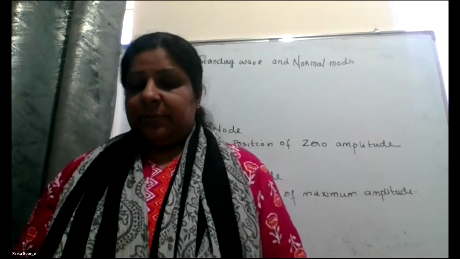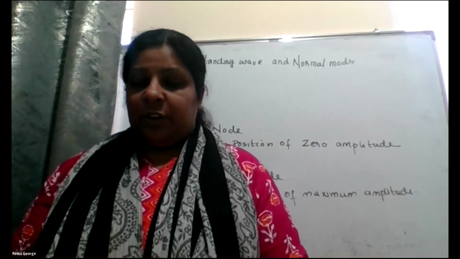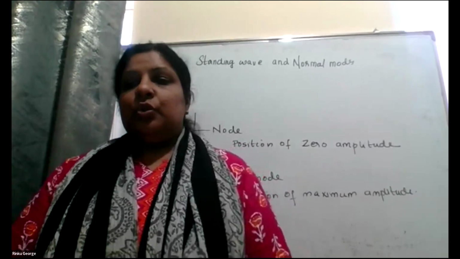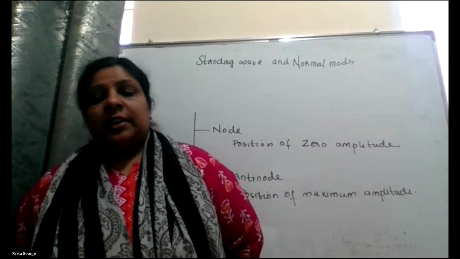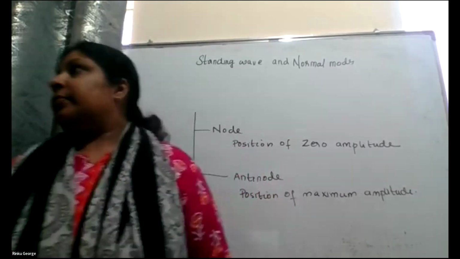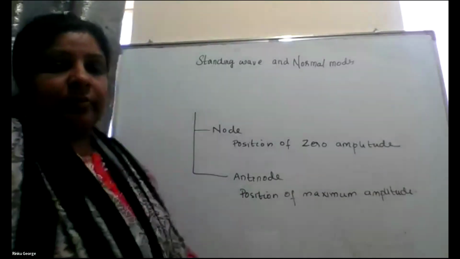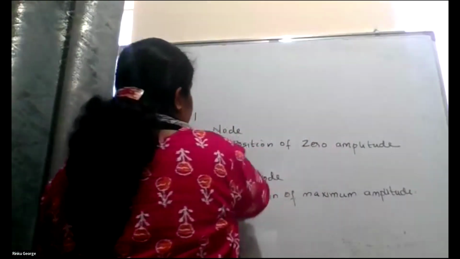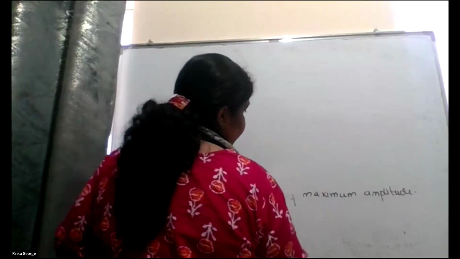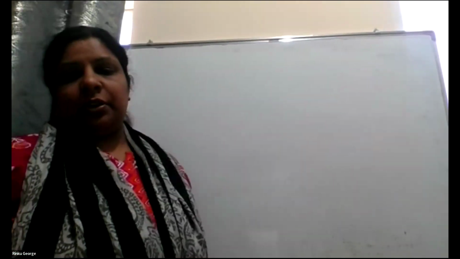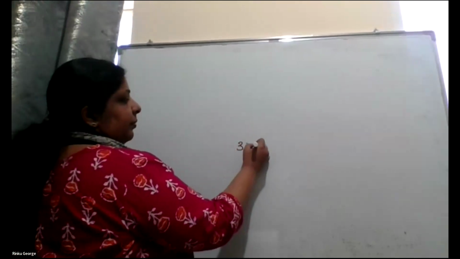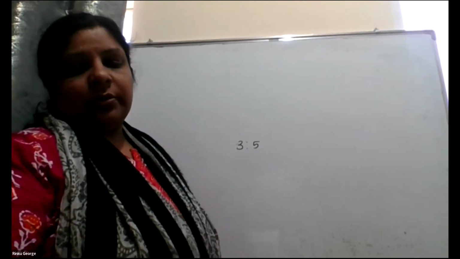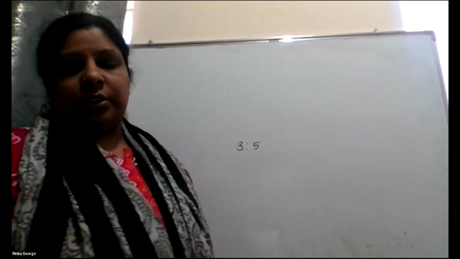Two waves of equal frequencies have their amplitudes in the ratio 3:5.